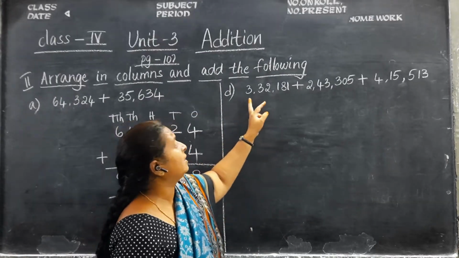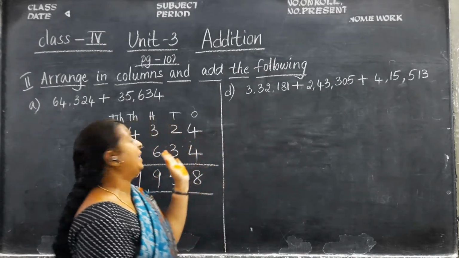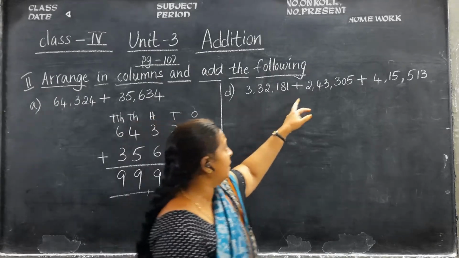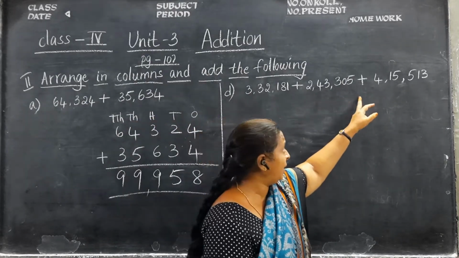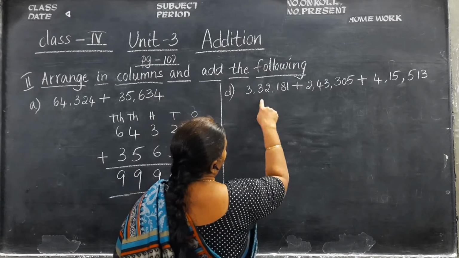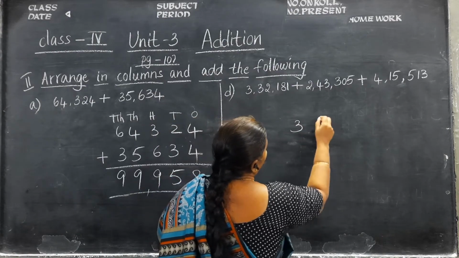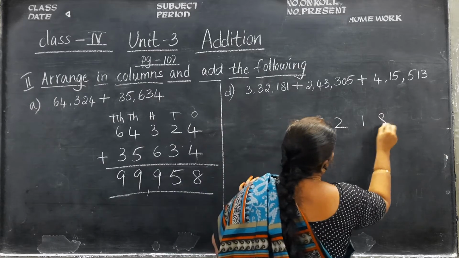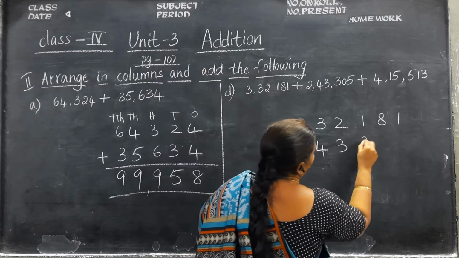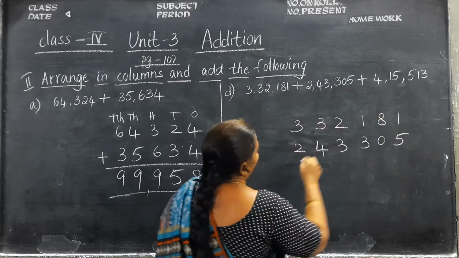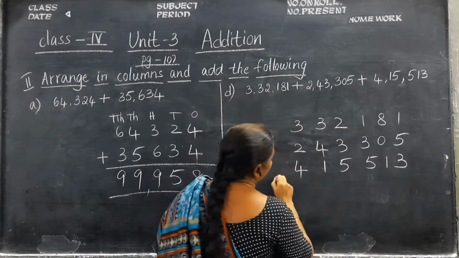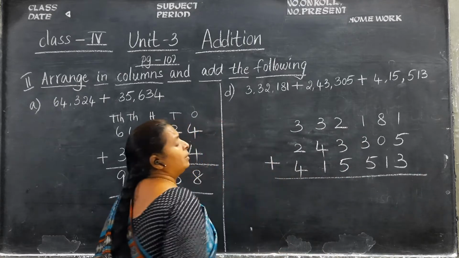See children, 3,32,181. Before, it was a 5 digit number; this one has 6 digits. 3,32,181 plus 2,43,305 plus 4,15,513. First we should arrange them and put the addition sign.